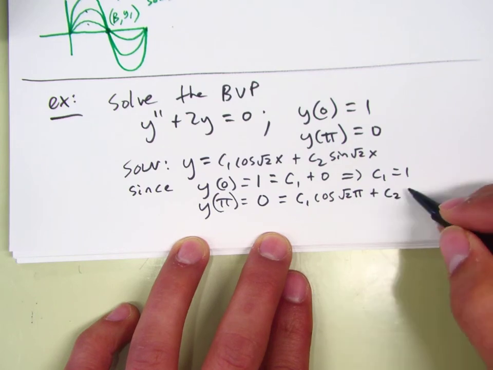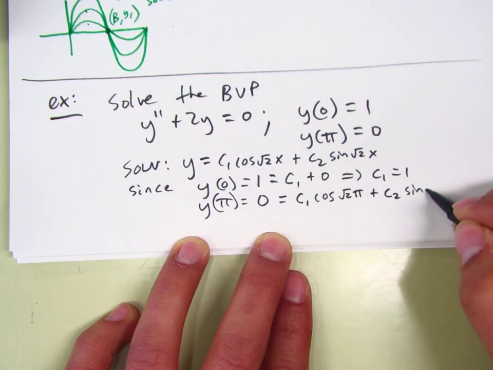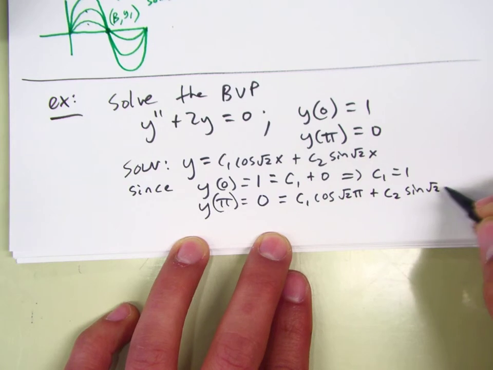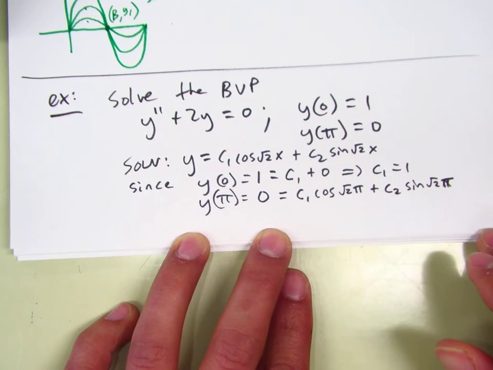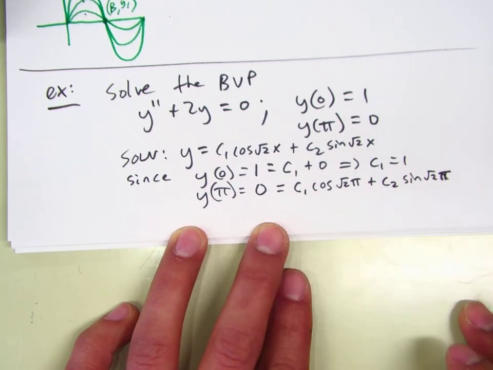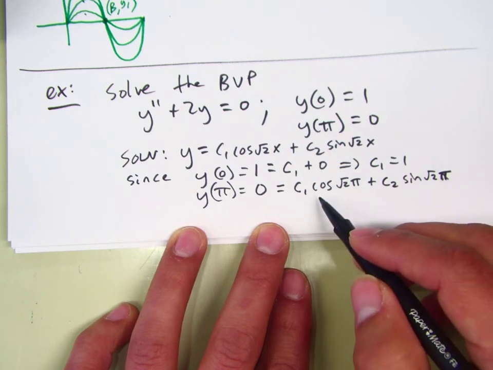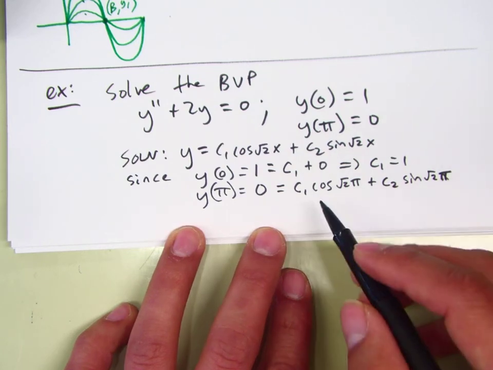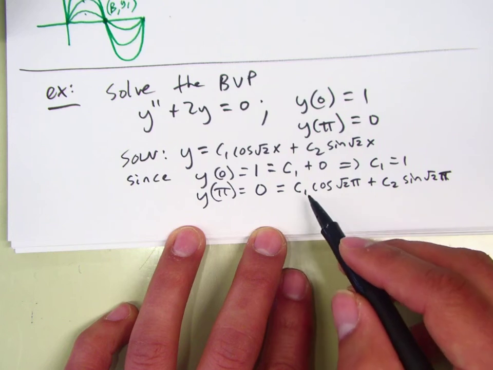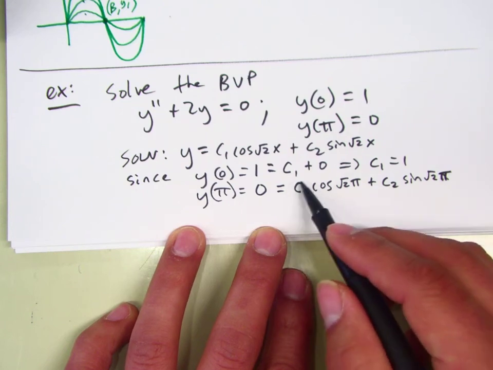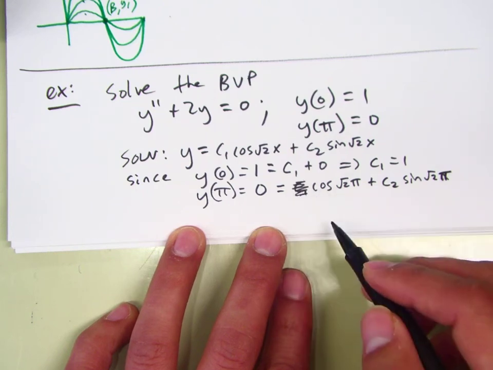I forgot about the root 2, so that should be negative. Yeah, the root 2 in there is why we have to kind of keep it like that. So here's what I have for the second equation. Now, we already know that c1 is 1, right? So you can pretty much ignore this, since that equals 1 anyway.